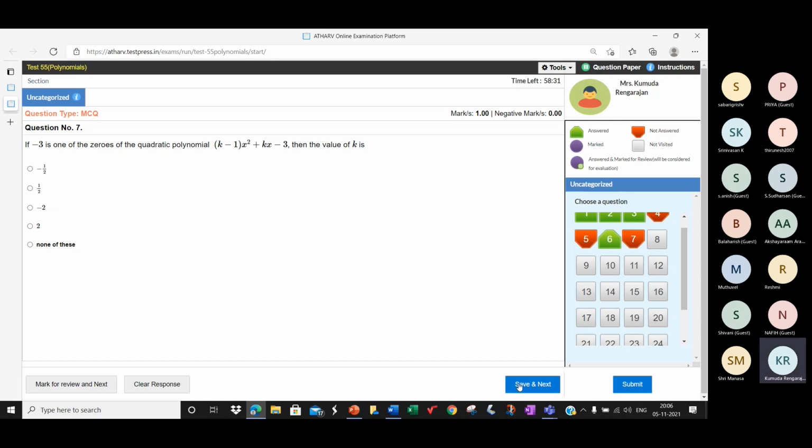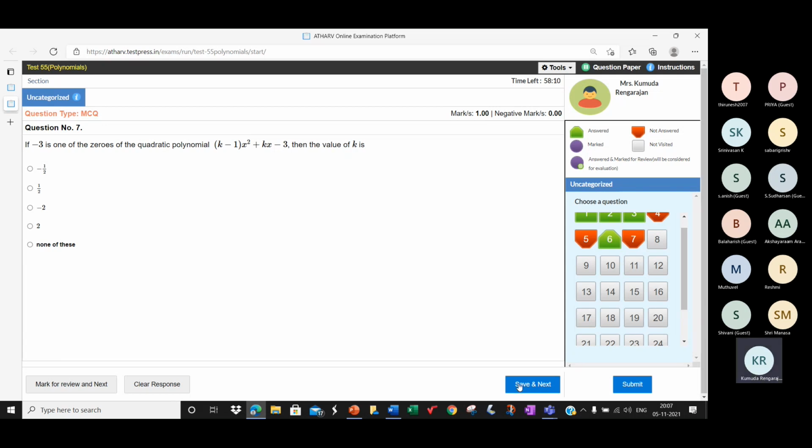In place of x, use the value minus 3, because it's given that minus 3 is one of the zeros. So that means it will satisfy the equation. Equate the polynomial to 0, and in place of x, use minus 3. Because minus 3 is a 0, it will satisfy the equation.